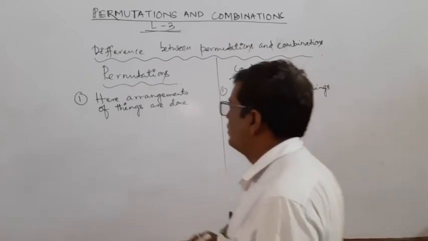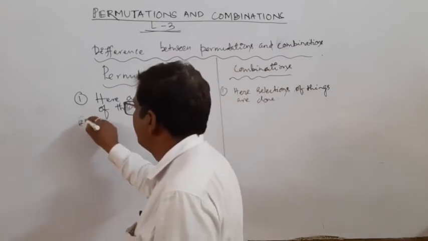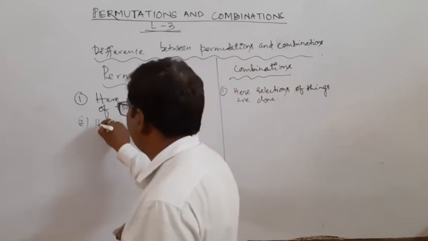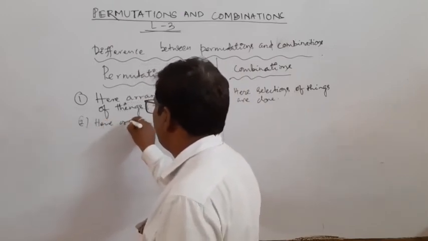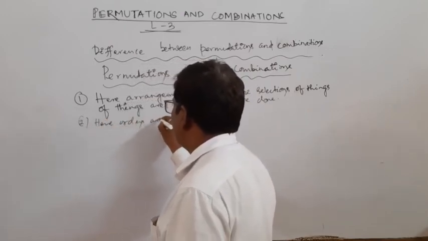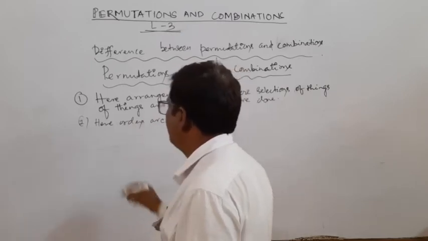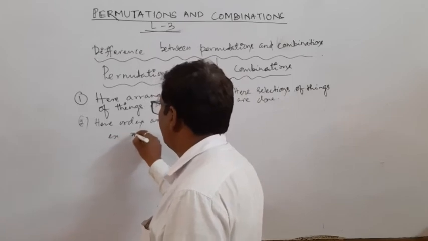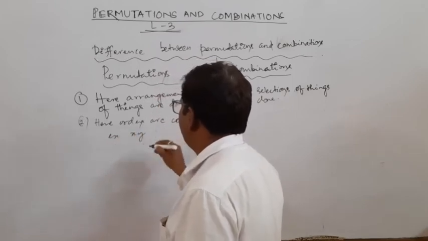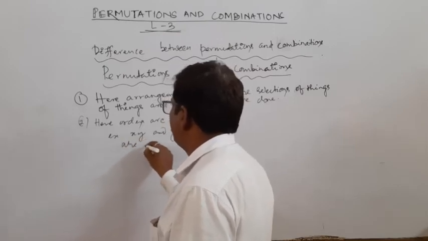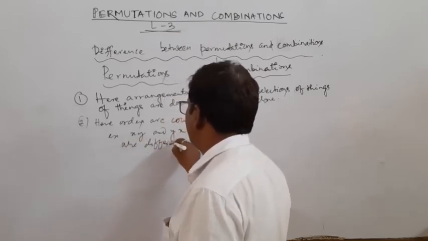Number two, here in permutation, order is counted or considered. That is, for example, xy and yx are different orders.